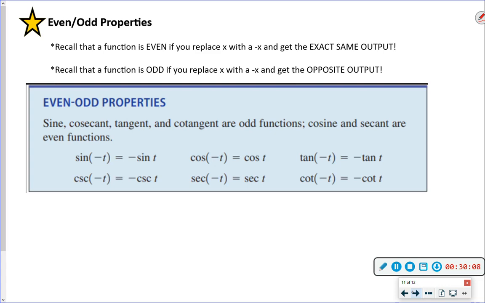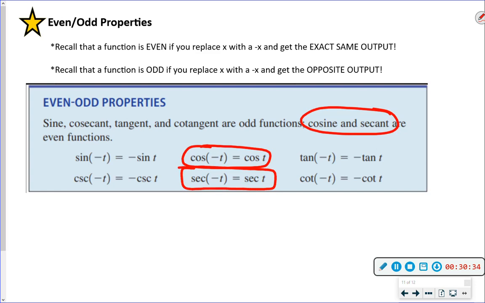So the odd and even ones, here's how I memorize them. If you read the sine, cosecant, tan, those are odd. Cosine and secant are even. I really memorize this part, because it's less to memorize, only 2 of them: cosine and secant are even. When you have this identity quiz, I'm going to give you the left-hand side, and there's going to be a blank for you to fill in the right-hand side.